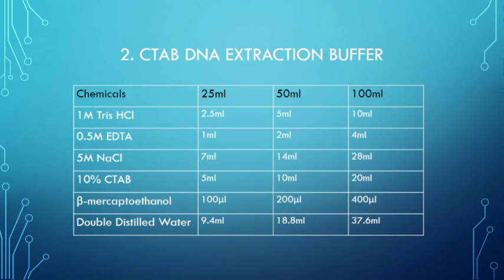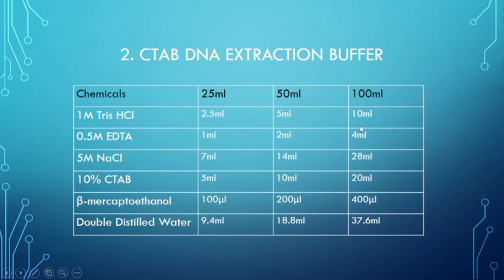Here I have prepared a list of the amounts of chemicals you will need to make 25 ml. Add these chemicals in this ratio, and for 50 ml you just double the amount, and for 100 ml you double the amount of 50 ml.